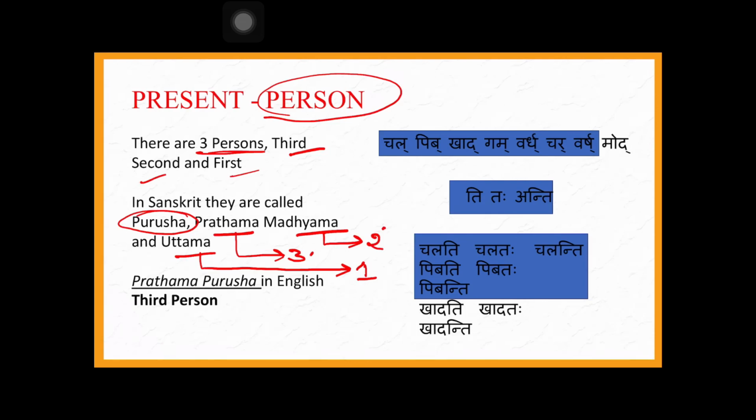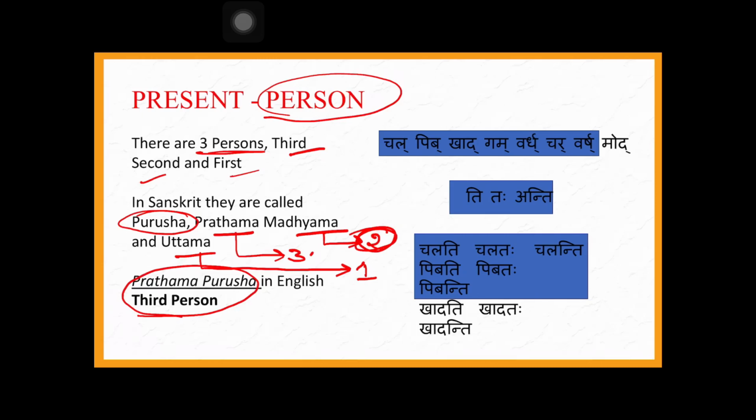Then uttama purusha means first person. That's how you need to think. Madhyama is not the first, not the last, so it means the middle one, second person. You have fixed this. Uttama means first. Prathama purusha means third. That's how you need to understand them. Prathama purusha is called third person in English.